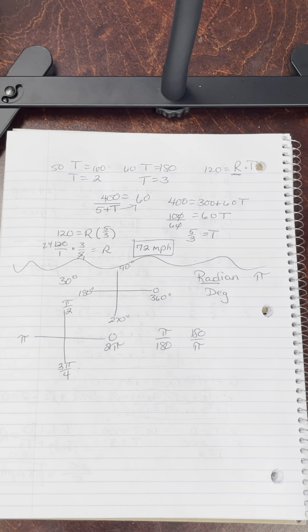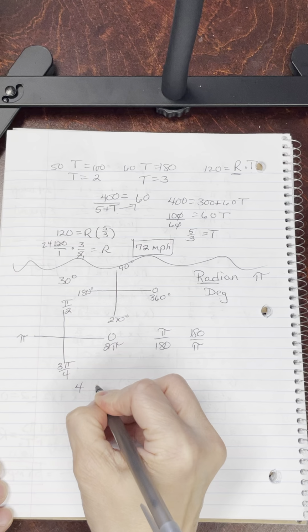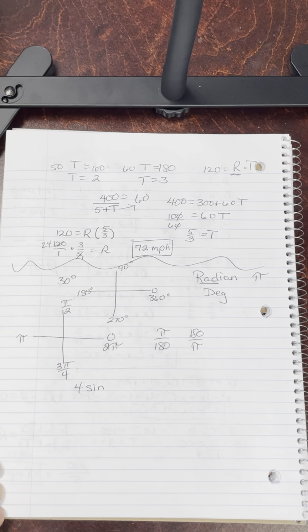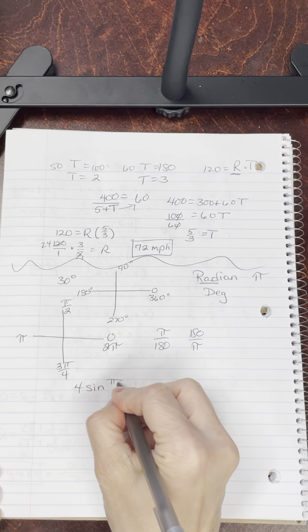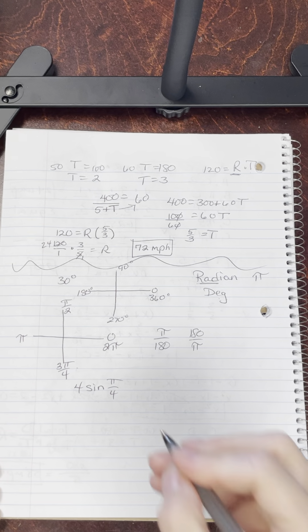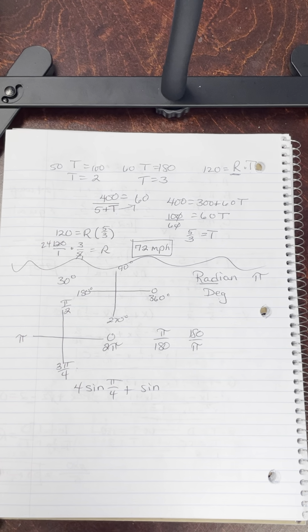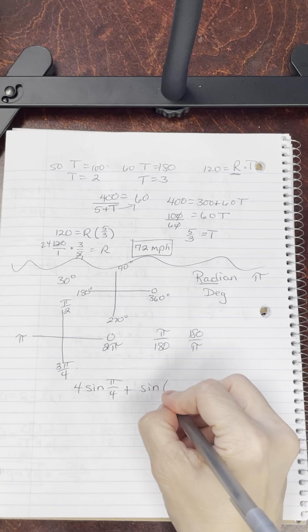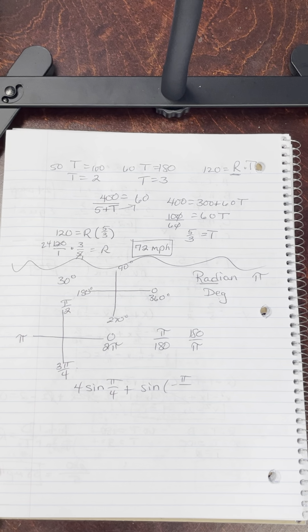Now that we've talked about it, let's do example 1: 4 sine of pi over 4 plus sine of negative pi over 3.